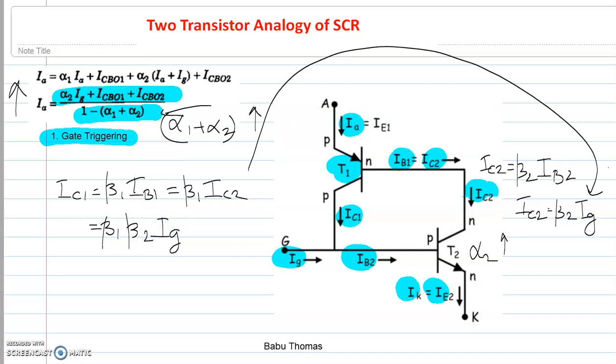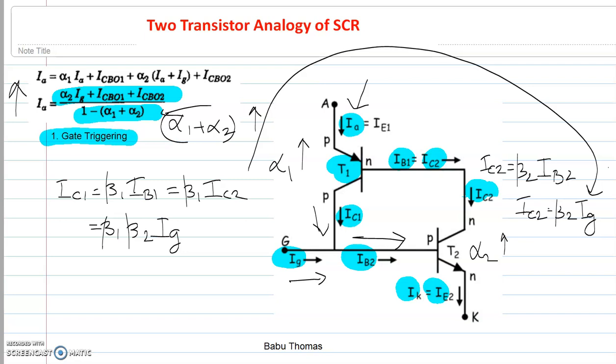Now the currents IB1 and IC1 lead to the establishment of the emitter current IA of transistor T1, and this will result in the increase of the current gain alpha 1 of transistor T1. Now we can see that the current coming to the base of transistor T2 is the sum of two currents, that is IC1 and IG.